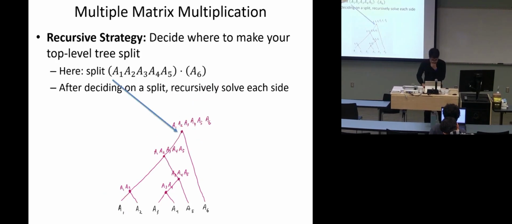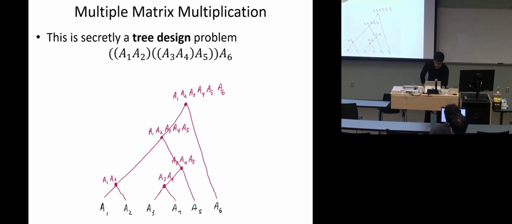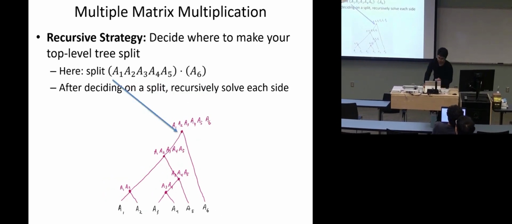Now, if you view this as a tree design problem, it becomes clearer how to come up with a recursive strategy. Because you have a tree, and the tree must have a root.